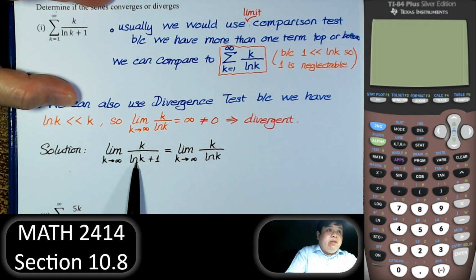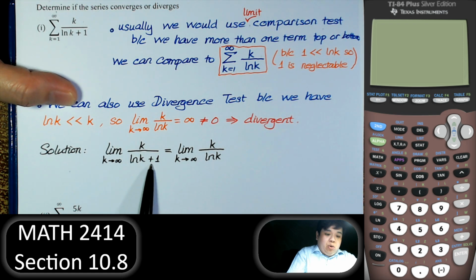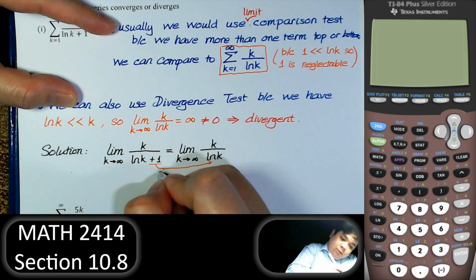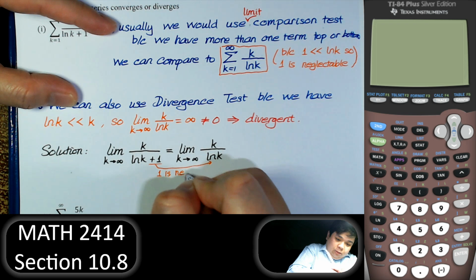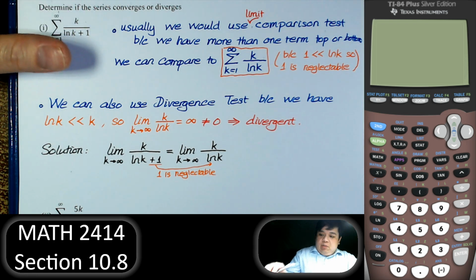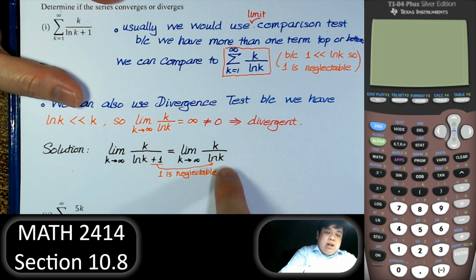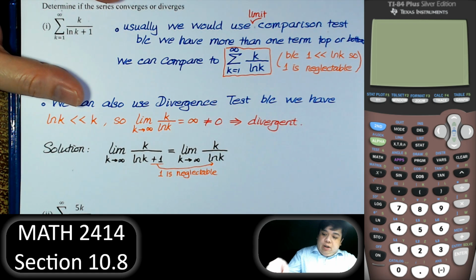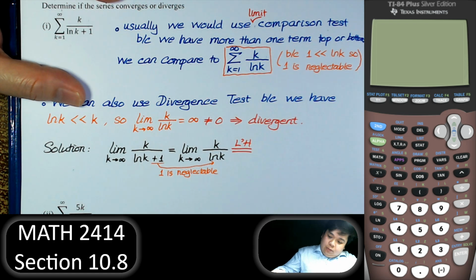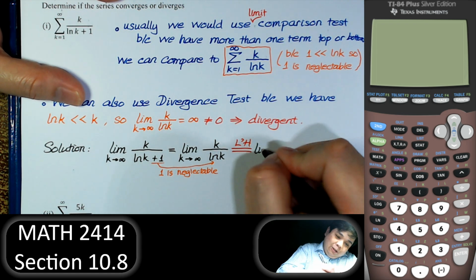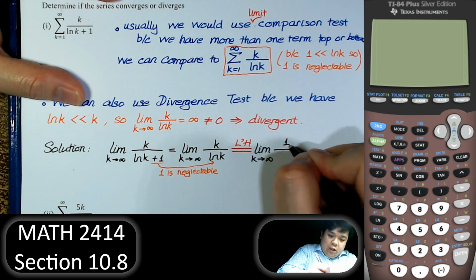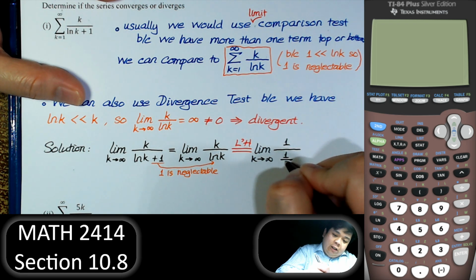Once again, because the ln of k is a lot faster than 1, the 1 is negligible. So adding 1 doesn't change anything. Right, so this one is infinity over infinity. So when we use L'Hospital's rule, the derivative of k is 1, the derivative of ln of k is 1 over k.